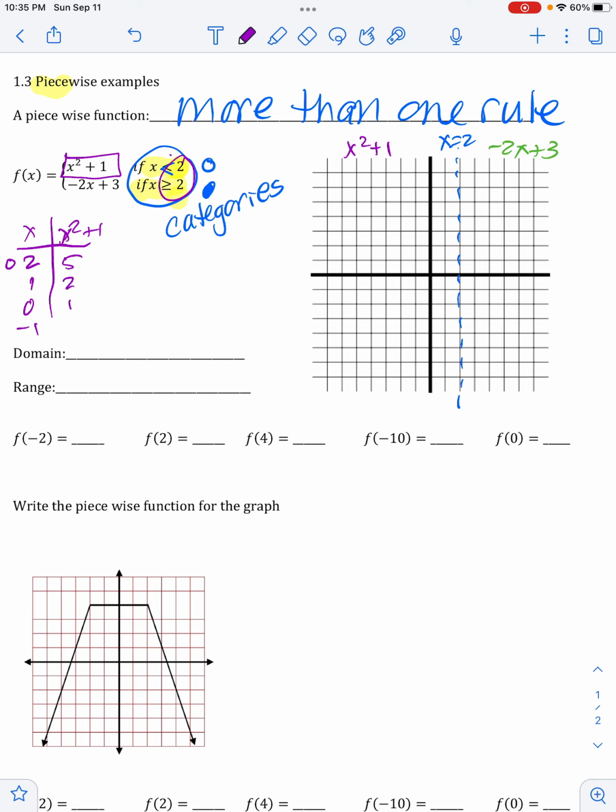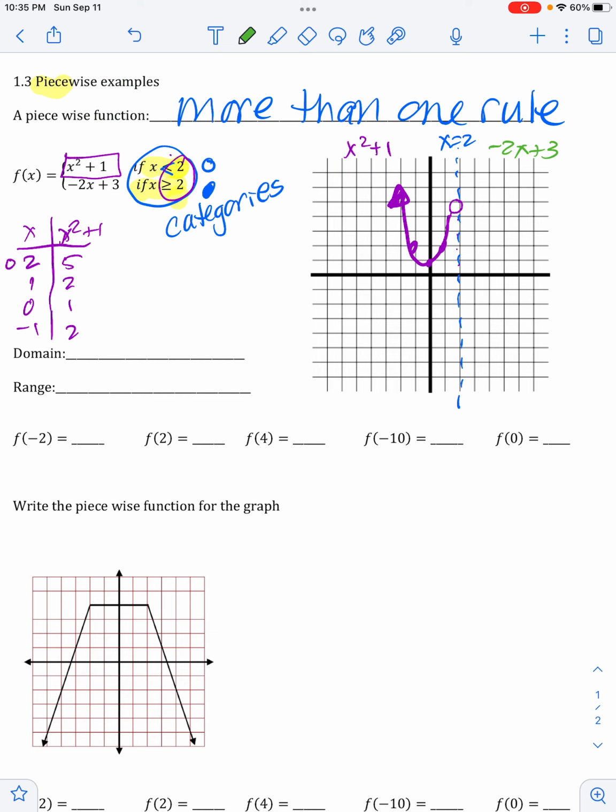So you should already know it's a parabola. At 2, it's 5, but it's an open circle. At 1, it's 2, and so on. I already know it's a parabola, and so it's going to look like that. That is my first piece to the graph, therefore the name, piecewise graph.